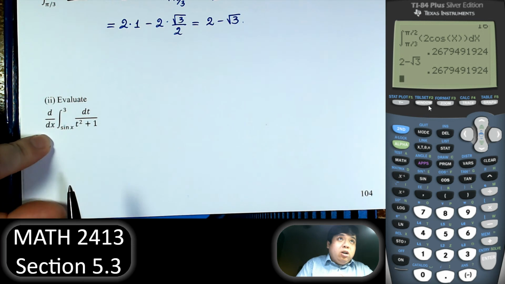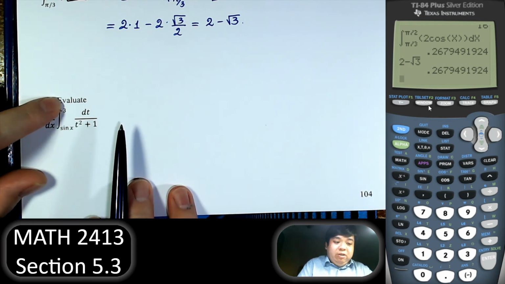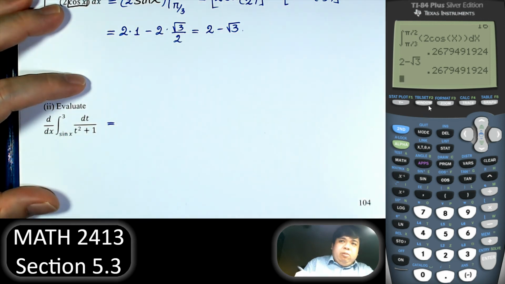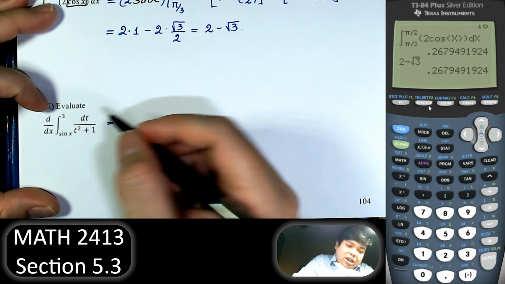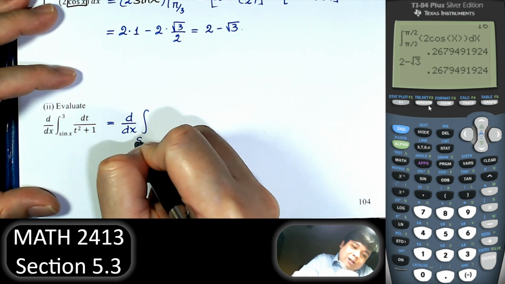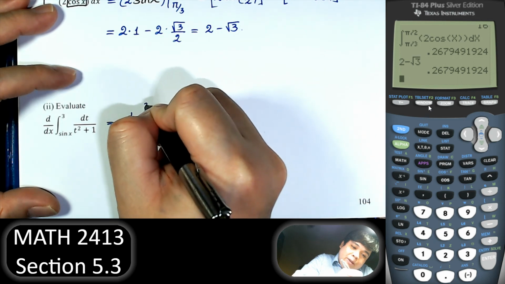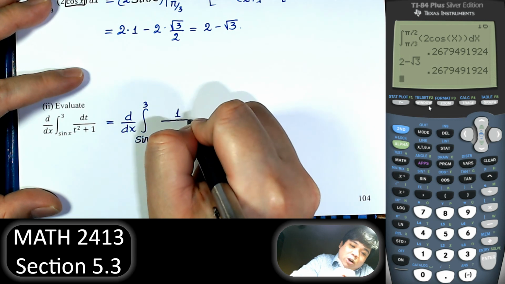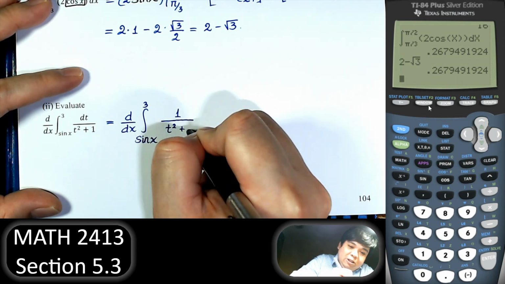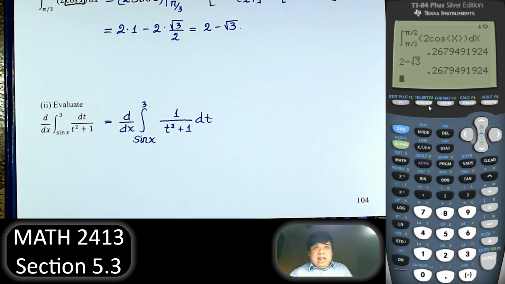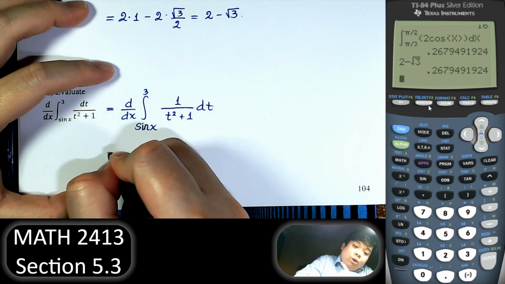Next, this is the other fundamental theorem of calculus because we have the derivative. When we see this, it will be a lot more convenient if I move the dt to the back. I just want to have the function in the middle, and the dt or dx, whatever it is, at the back, like this. It is easier to see what function we're dealing with.